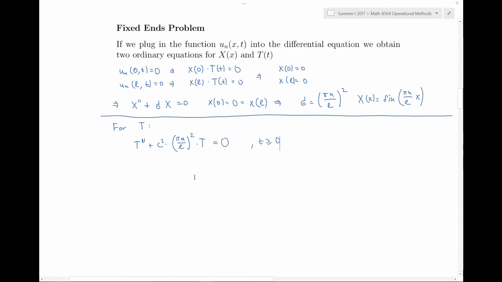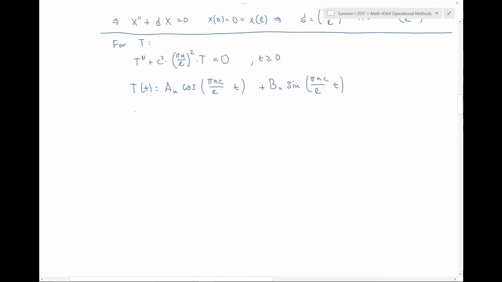This is a differential equation that we know how to solve, and the solutions are some constant times cosine of pi n c over L t, plus another constant times sine of pi n c over L t. Therefore my building blocks will be the product of these functions.